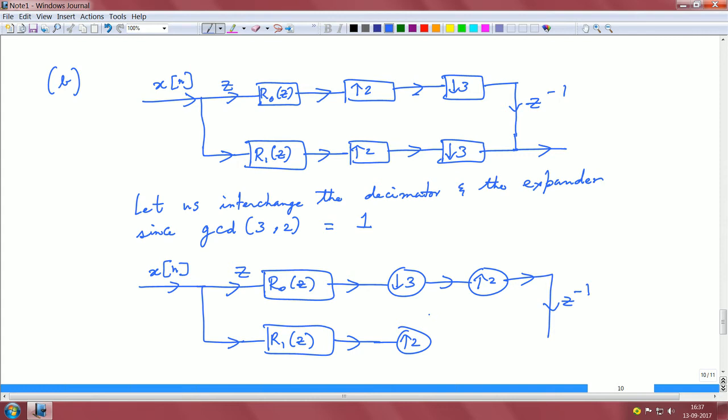So this is downsample by 3 followed by upsampling by 2, and we just exchanged the 2, we just swapped these two.